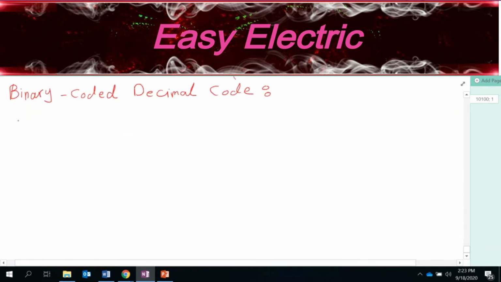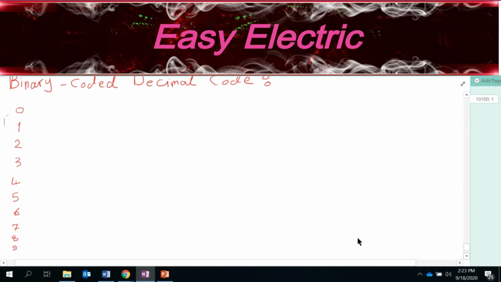So on one side of this table, we have 0, 1, 2, 3, 4, 5, 6, 7, 8, and 9. Okay, so if I just do something like this, I'll separate all of them from each other.